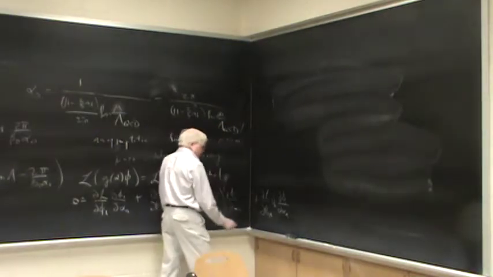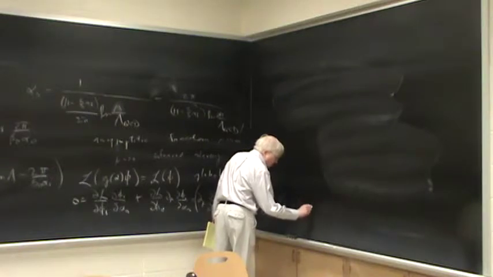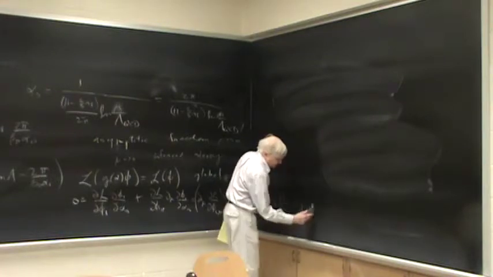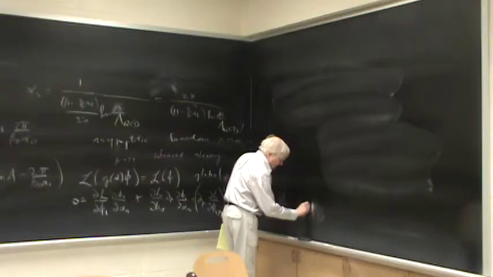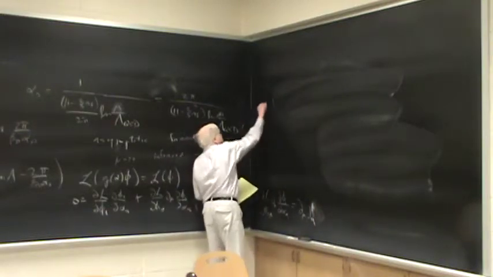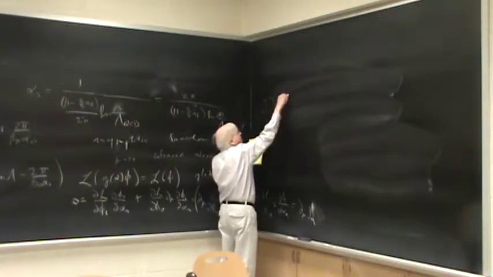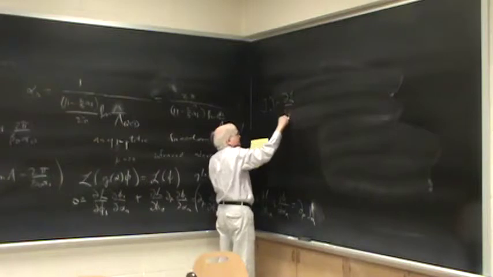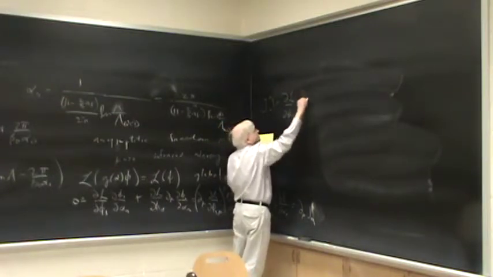This thing is a total derivative, so this is d mu of J mu A.